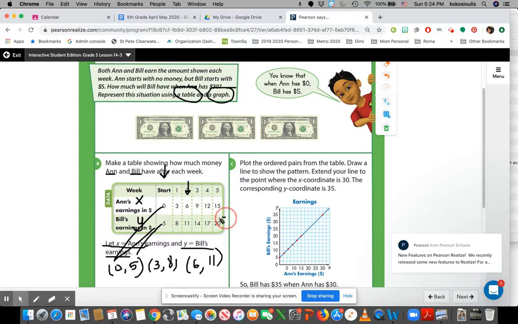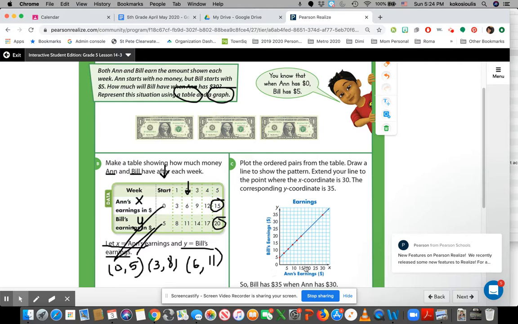Now notice Bill ends at 20. He doesn't end at 30, right? And we wanted to know how much money will Bill have when Anne has 30? And Anne ended at 15. So right now we're going to keep drawing this and maybe connect the dots and make it a straight line.